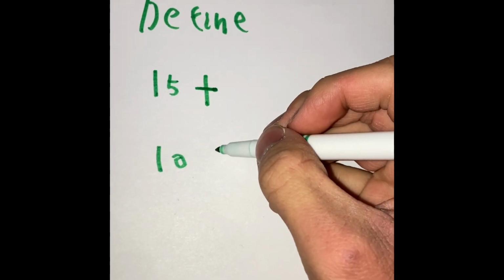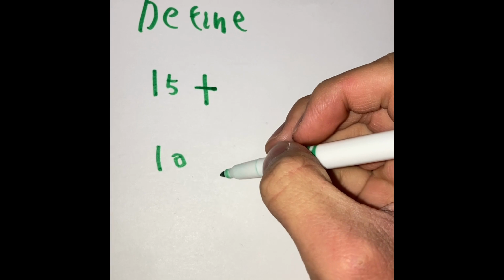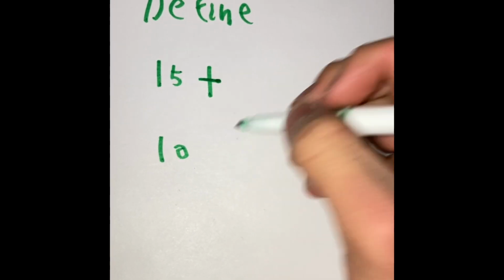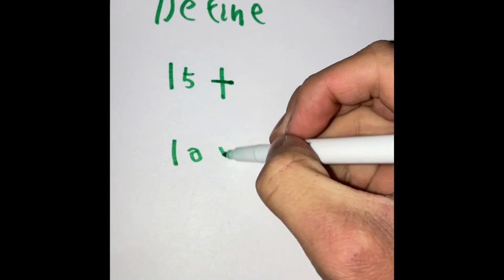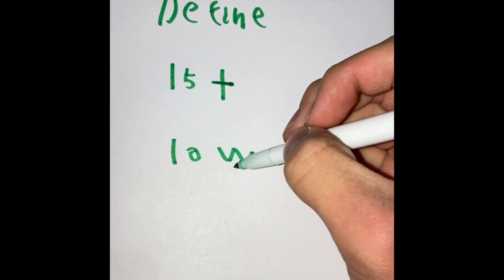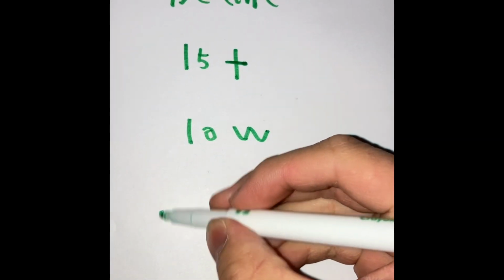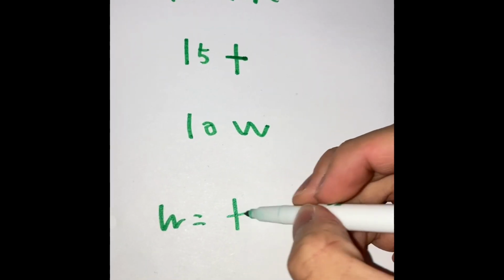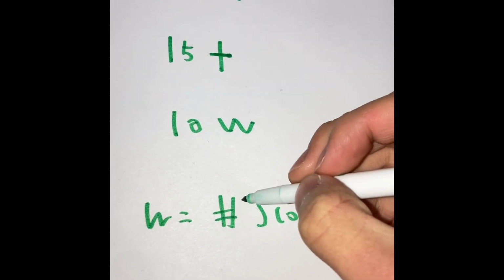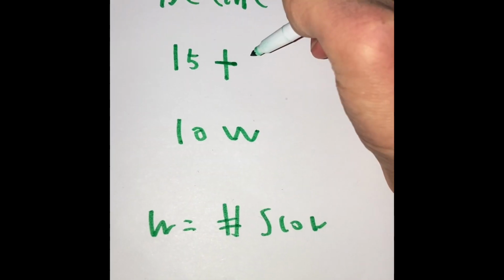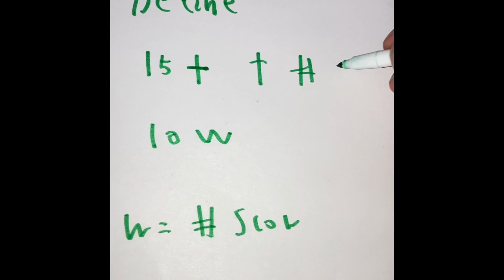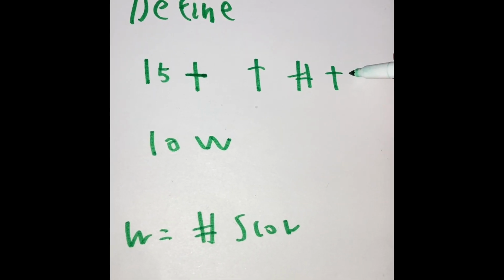We're not going to use the letter S because that can be mistaken as a number, so we're going to use the letter W. So W equals the number of Slow-Go candy the Shy Guy sells, and T represents the number of Thrice candy he sells.